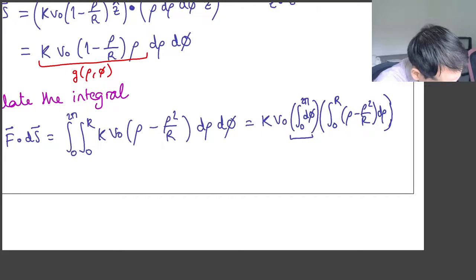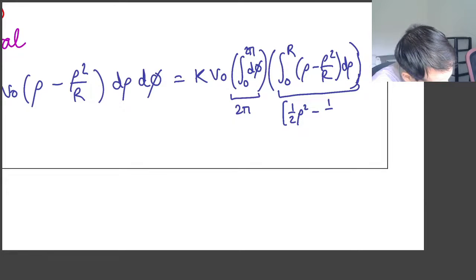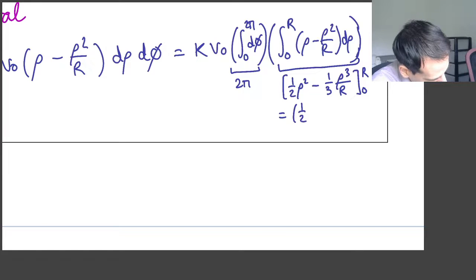So this first integral is 2 pi, and this second integral is 1/2 rho squared minus 1/3 rho cubed over r between 0 and r, which is equal to 1/2 r squared minus 1/3 r squared.